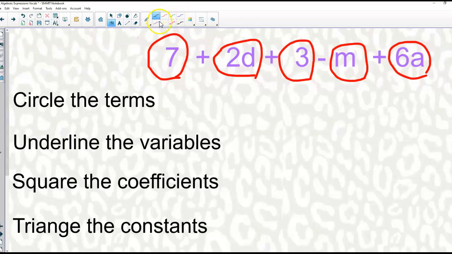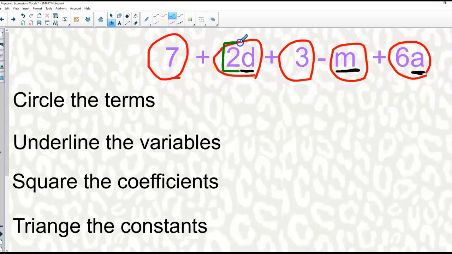Okay, underline the variables. The variables are the letters that represent numbers. So we have a d, I see an m, and I also see an a. So those would be all my variables. Okay, square the coefficients. Coefficients are the numbers in front of a letter.